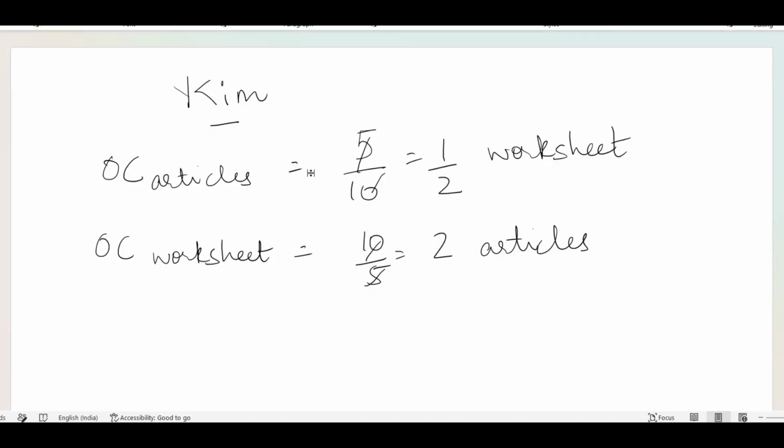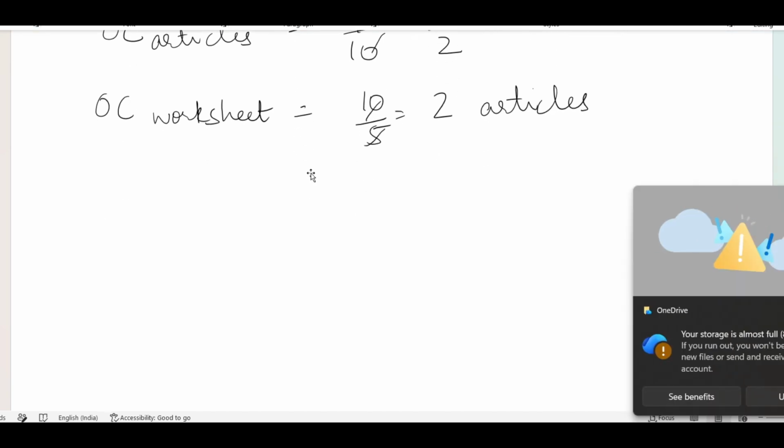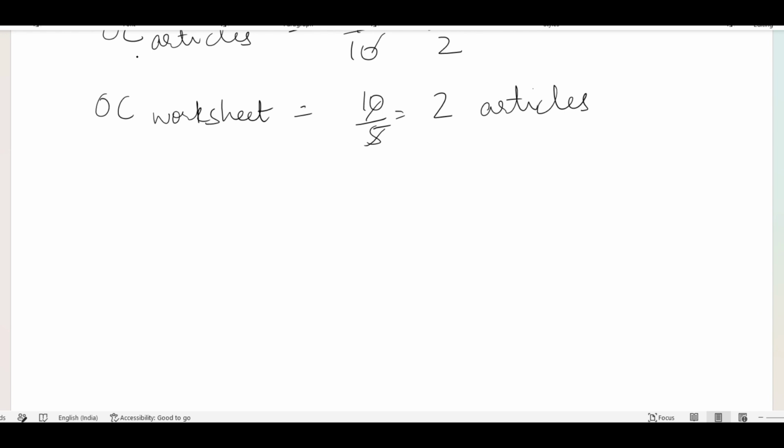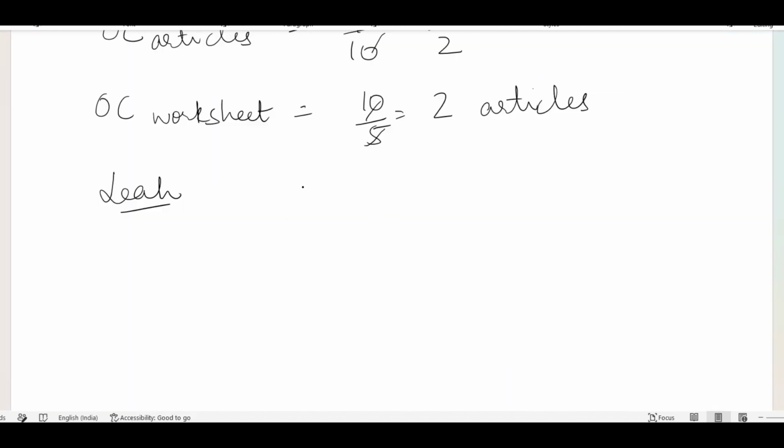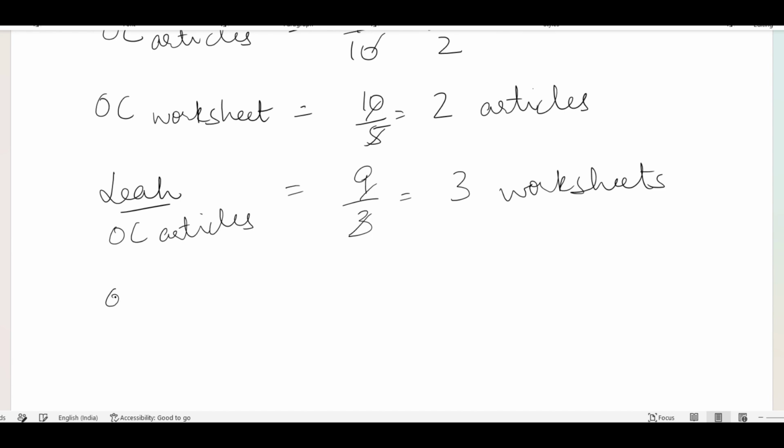So the opportunity cost for articles would be 9 by 3, which gives you 3 worksheets. And the opportunity cost for a worksheet for Lee would just be the reciprocal, 3 by 9, which is 1/3 of an article.